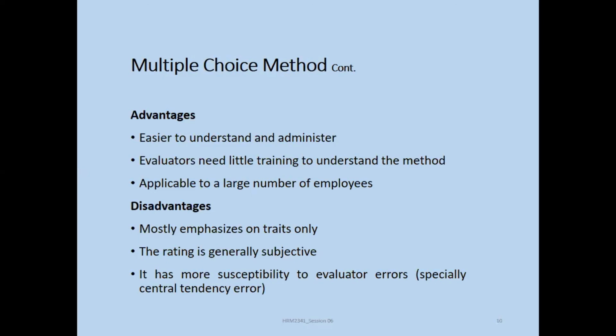Likewise, but some criteria are generally subjective, that cannot be quantified and verified by others. It has more susceptibility to evaluation errors, especially central tendency. The evaluator is trained to do the evaluation on the moderate level.